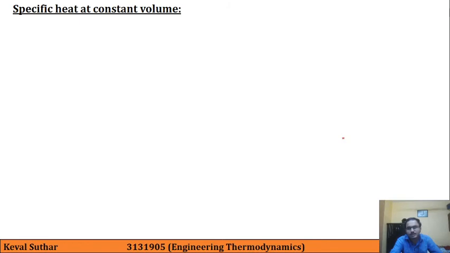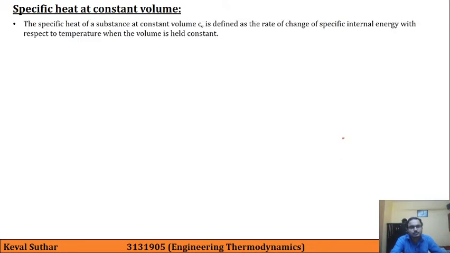Now our next theory is specific heat at constant volume. The specific heat of a substance at a constant volume Cv is defined as the rate of change of specific internal energy with respect to temperature when the volume is held constant.